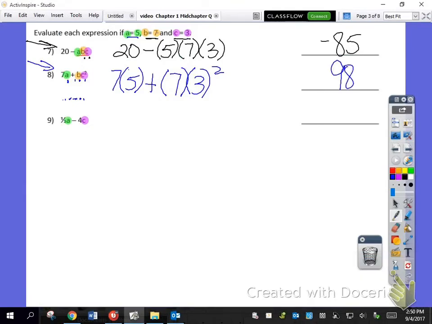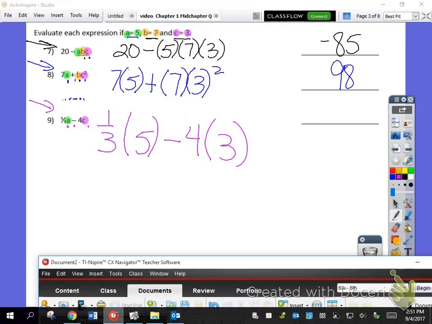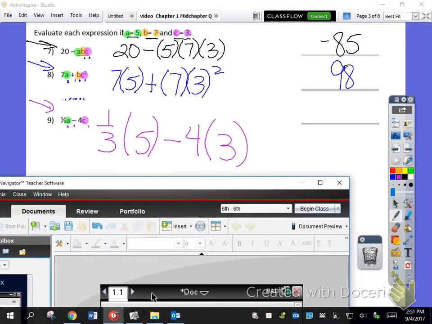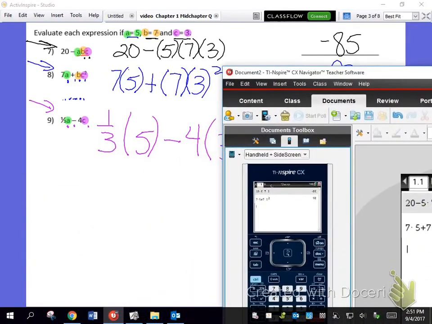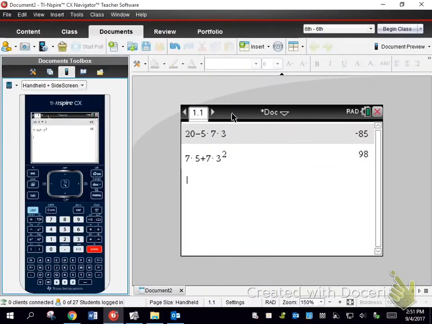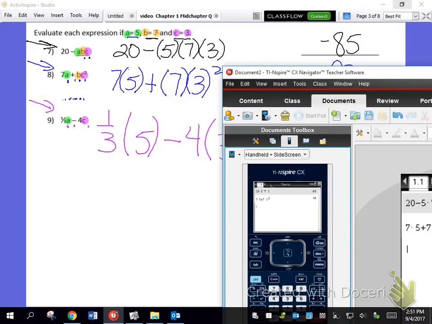Okay? The next one, so always start from the left side. You have 1/3, which is a fraction, parentheses, A is 5, close parentheses, minus 4, parentheses, C is 3, close parentheses. Now, when you do that 1/3, you've got to be tricky how you enter it. Okay? I do need to minimize this so I can see the problem.